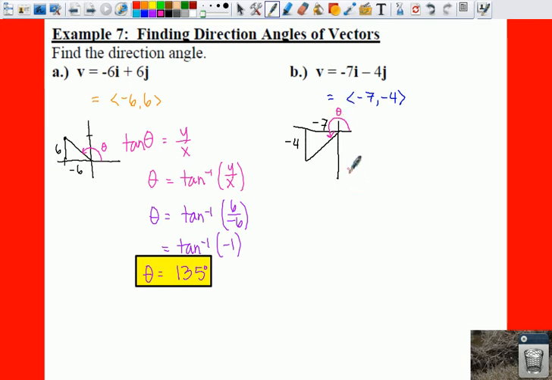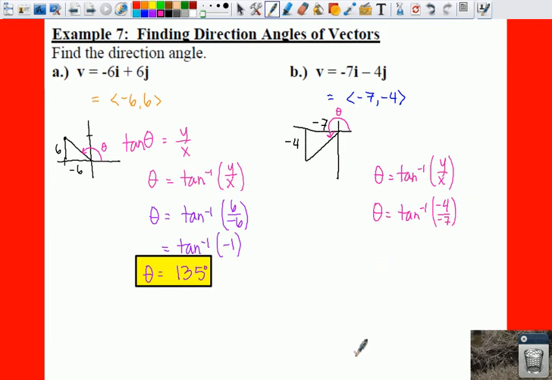In order to figure out our theta, we're just going to do the arctangent of your y over your x. So we're going to get the arctangent of -7 over -4. Scratch that, I wrote that wrong. Your y is -4, your x is -7.